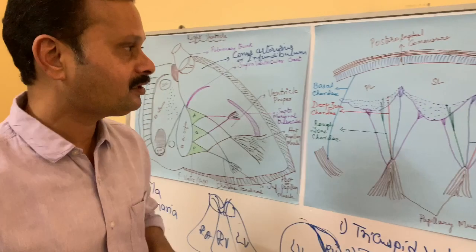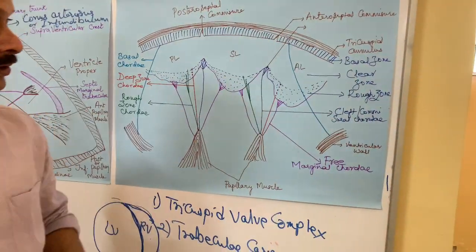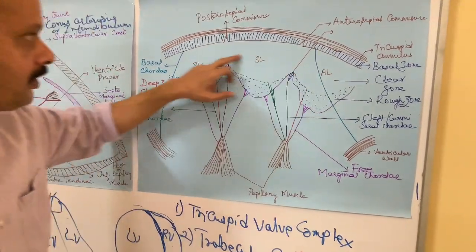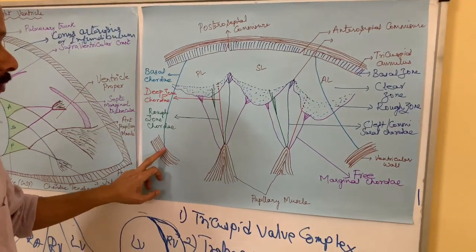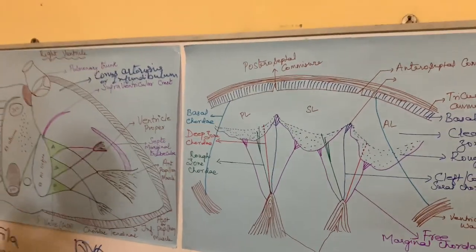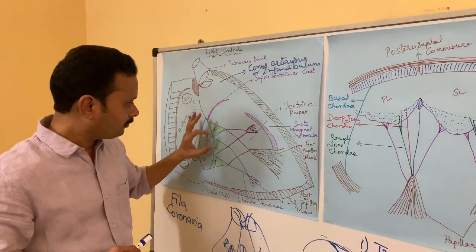So the parts of the leaflets are rough zone, clear zone, basal zone. Rough zone receives many chordae, clear zone is devoid of chordae, basal zone receives the basal chordae coming from the ventricular walls. Is that clear? So this is about the leaflets.